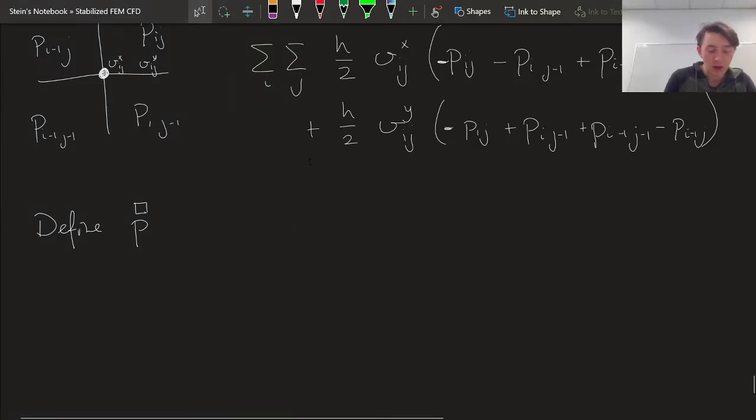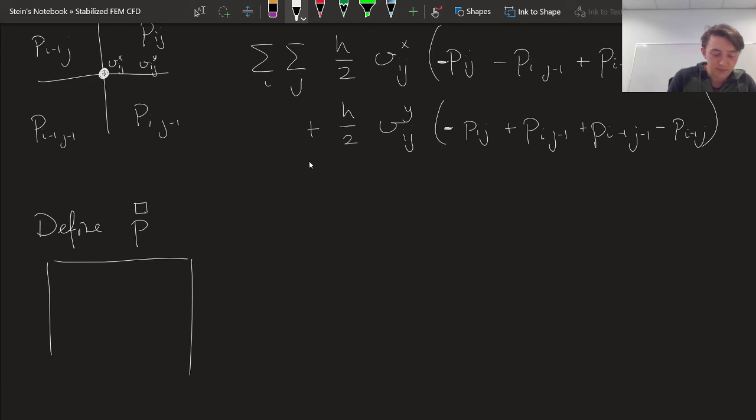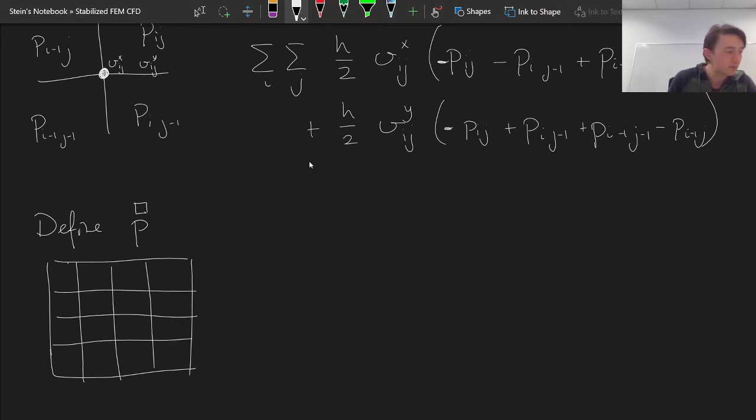So I'll already spoil this for you. The pressure is going to look like this. Again, we have our domain, subdivision over different elements. And we're going to have a +1 value and a -1 value, and a +1 value and a -1 value. I'll do this consecutively all the way across.